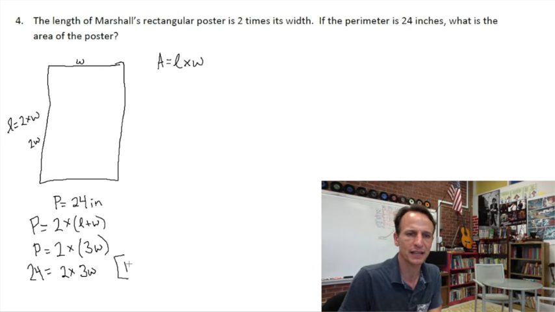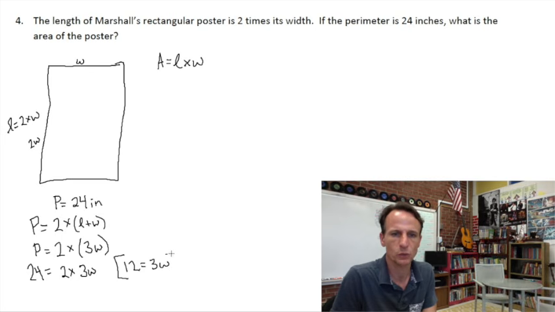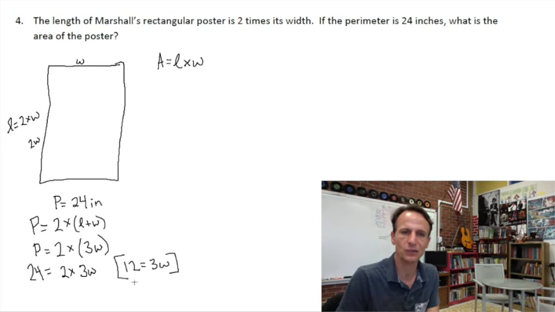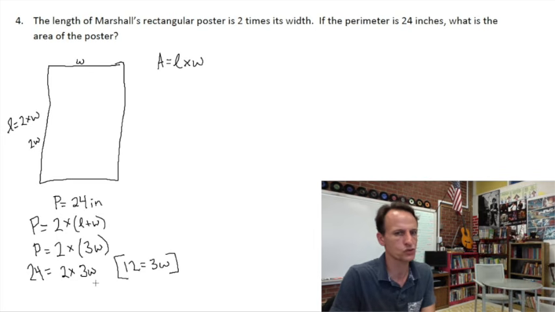That would tell me that half of the perimeter is equal to 3 times the width. There's only one number that could work there, isn't there? 3 times what is 12? 4. So that would suggest that the width is 4, but let's not jump to conclusions.